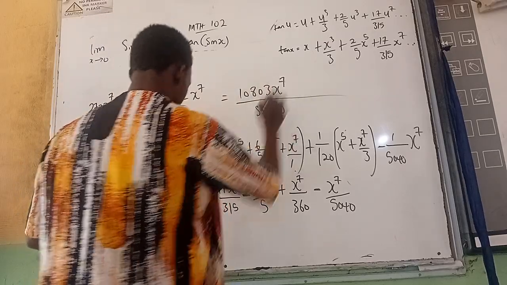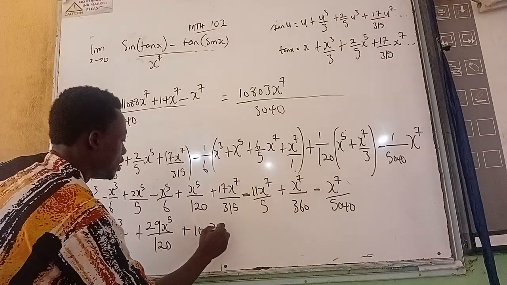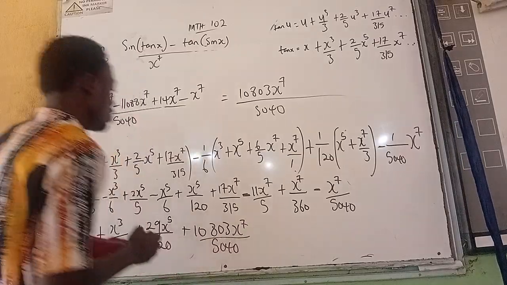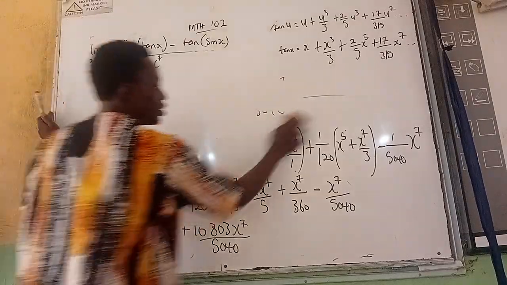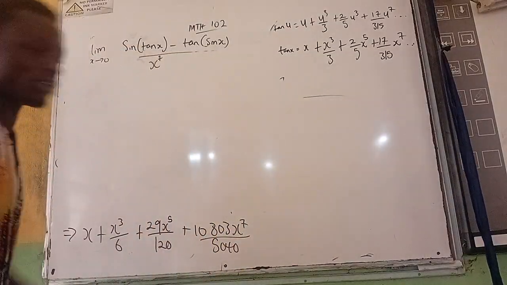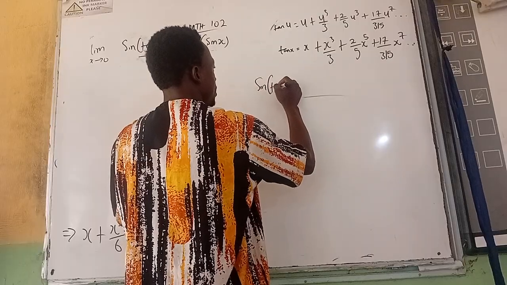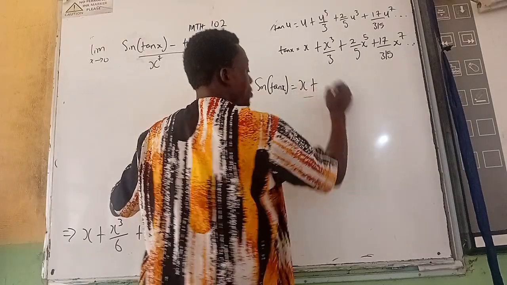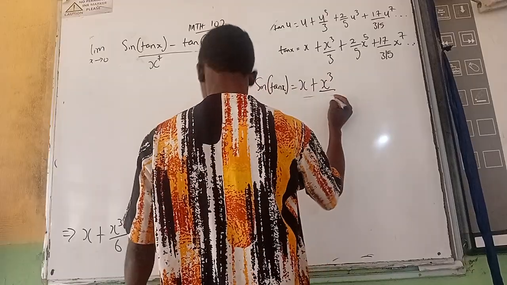So here we have plus 10,803x^7 over what? 5040. So you can clean the board. You don't really need a calculator as you can see now. It's taking me long because I'm explaining. If you know what you want to do, you shouldn't stay long.